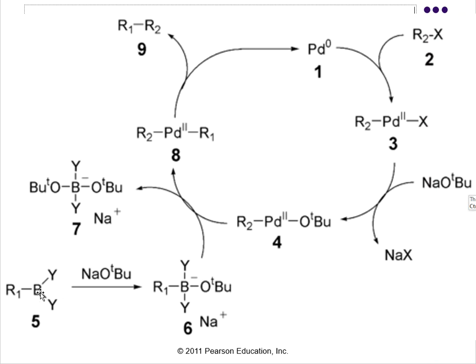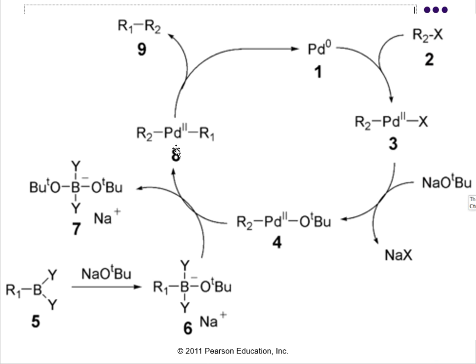The base comes onto the boron and creates this negatively charged boron. When this piece for 6 and this piece for 4 come together, we get 7, which is a charged boron.